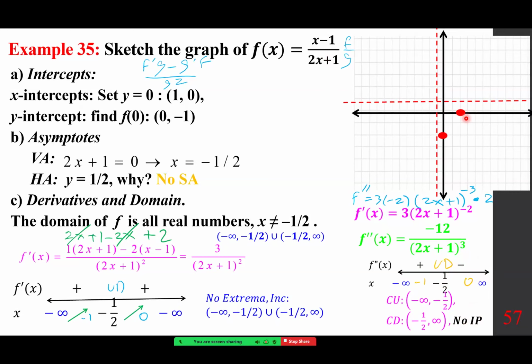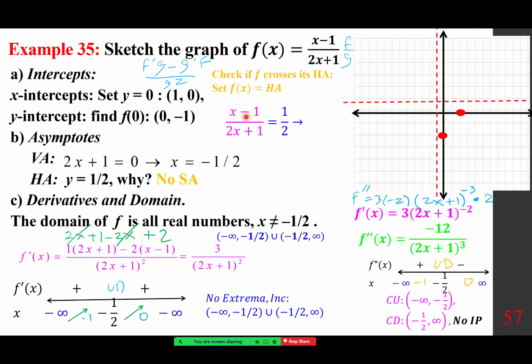Let's check before we graph, let's check if f crosses its horizontal asymptote. You must check f of x and horizontal asymptote. Sometimes they cross. So this one, set it equal to this one, 1/2. Now you do the cross product.